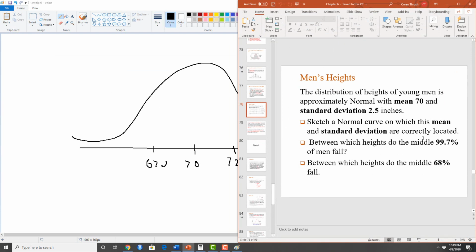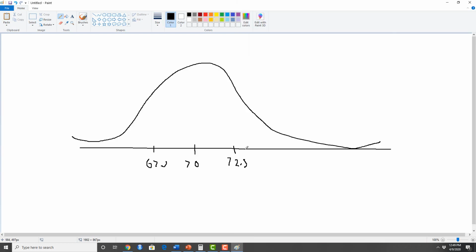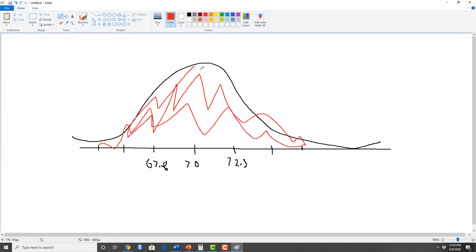So we want to find between which heights the middle 99.7% falls. Knowing that, you can fill in these x's here. So we know that 99.7% of the data falls within -3 standard deviations and 3 standard deviations. So really, we need to figure out what this area is, because this is -3, this is 3 standard deviations.